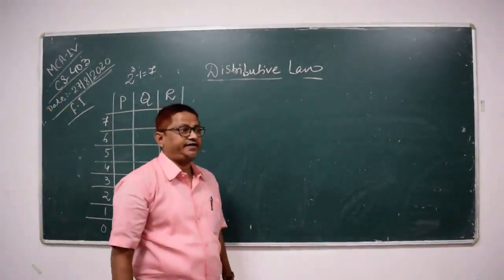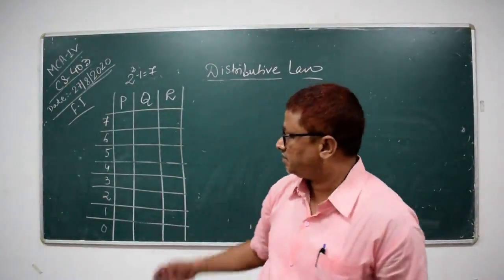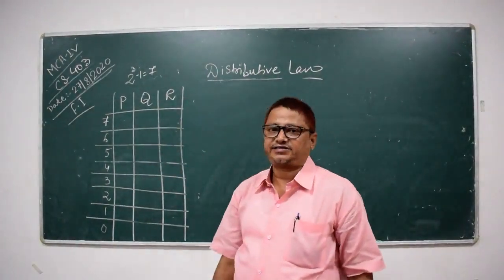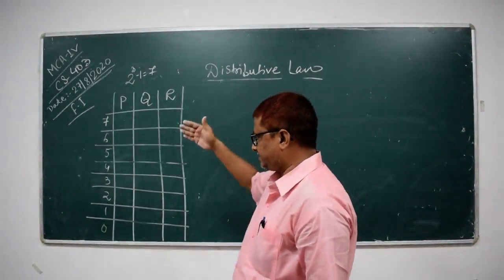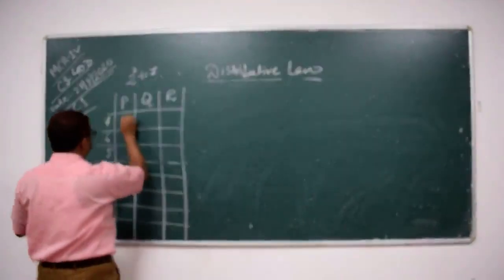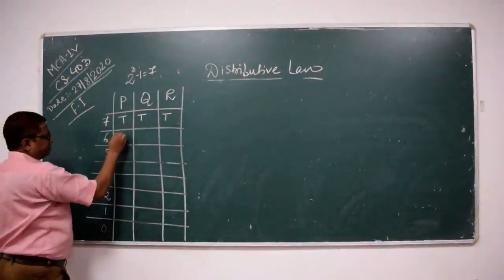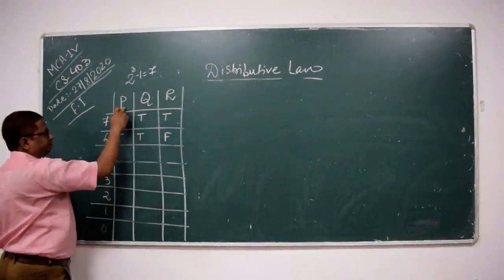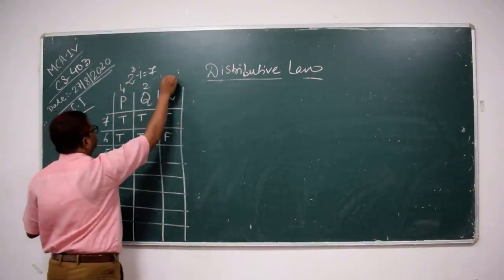These are the possibilities of these three variables in terms of true and false, 0 to 7. 7 means all values are 1, representing true, true, true. 6 is true, true, false. This position is 4, this position is 2, this position is 1.